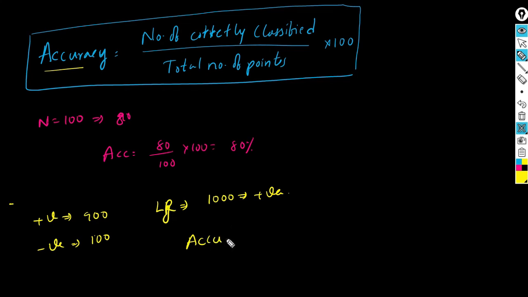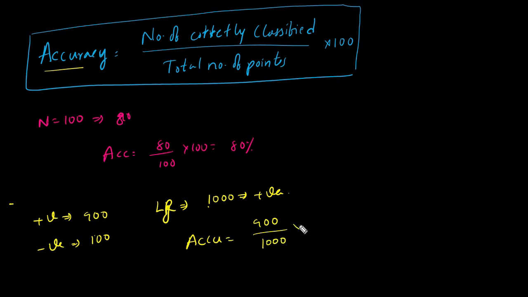The accuracy that we will get here: 900 is the total number of correctly classified, because 900 points are actually positive. Total number is 1000, into 100.